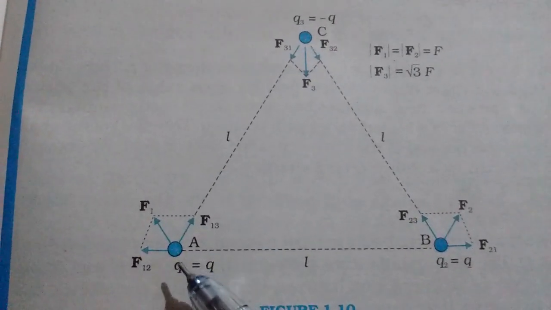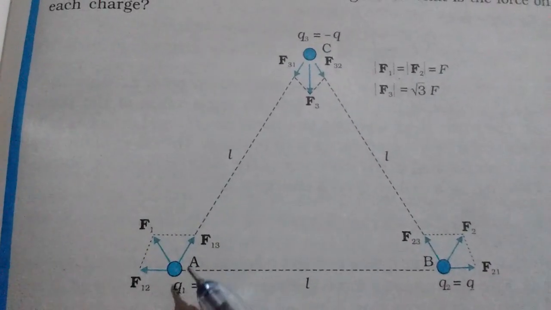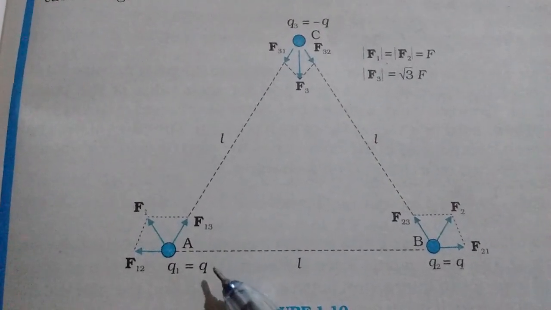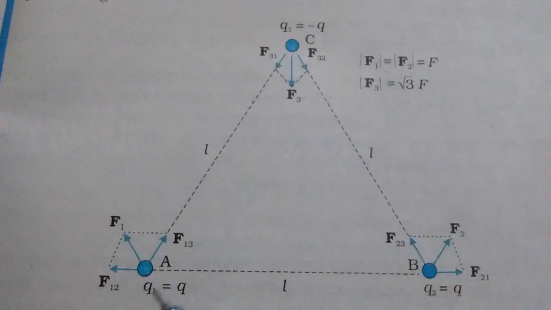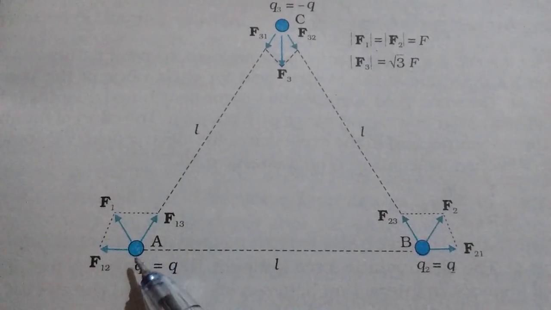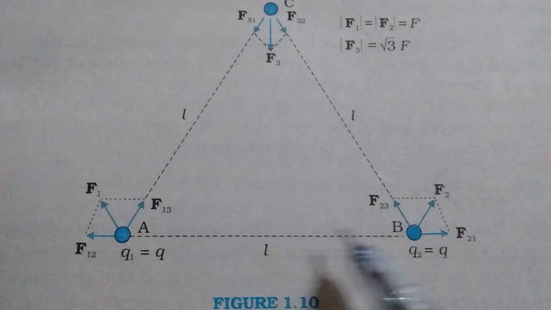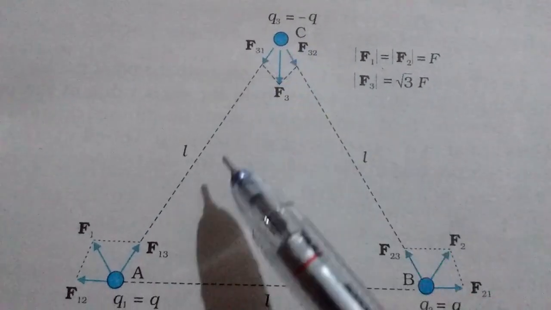Let us first consider the charge at point A, that is Q. Here Q is positive, this Q is also positive, this is negative. Now there will be two forces on this Q, one because of this charge, another because of this charge.